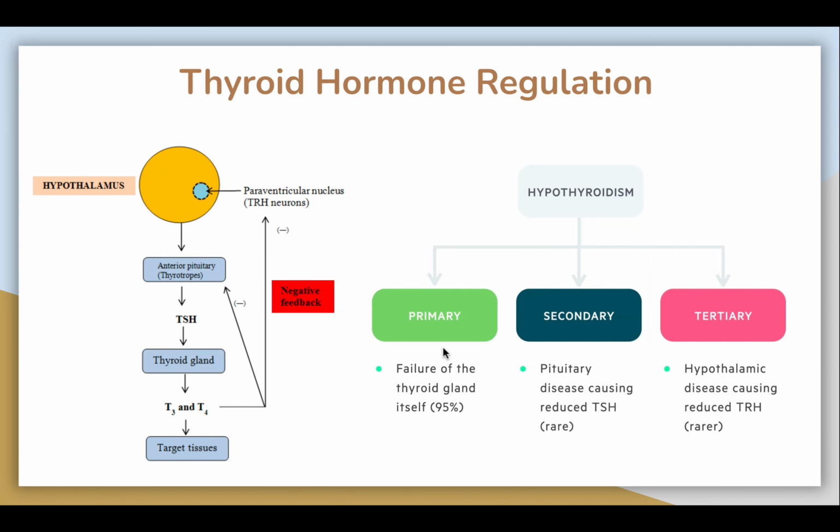If you have primary hypothyroidism, meaning an underproduction of thyroid hormones, this relates to primary failure of the thyroid gland itself, such as in iodine deficiency. You need iodine to be able to produce your thyroid hormones.